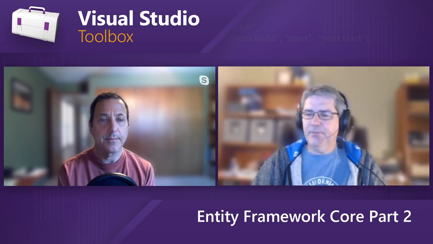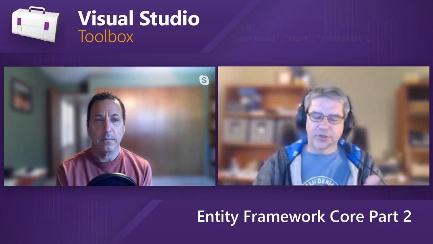Okay. There's one other thing I want to talk about before we close out this episode, and that are query types or items that do not have a primary key. So in prior versions of EF Core, we had a DB query type. What we have now is a specialized DB set where we tell it that it doesn't have a primary key, and we don't have to call as no tracking on it.